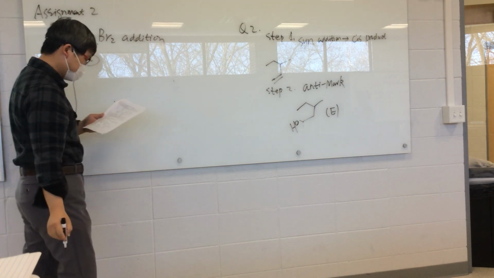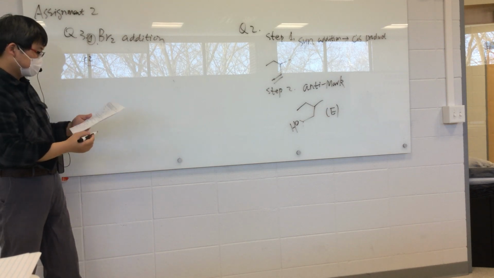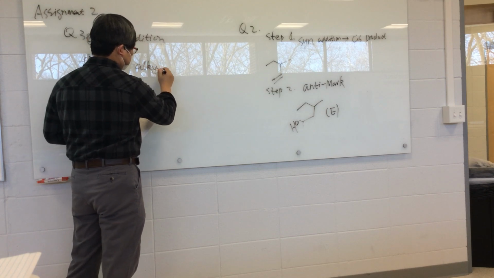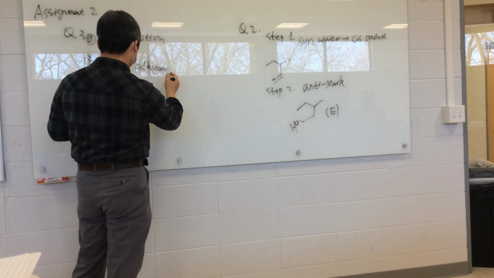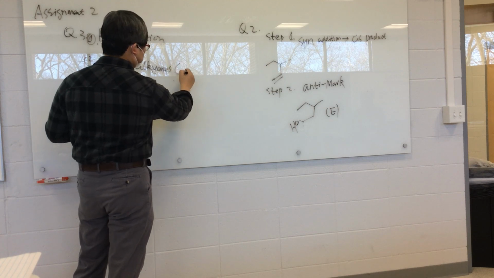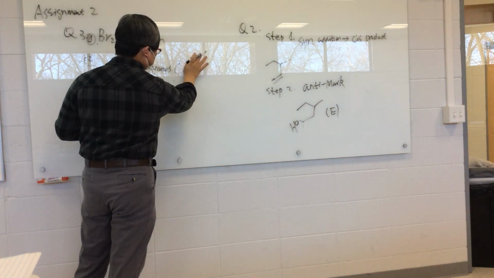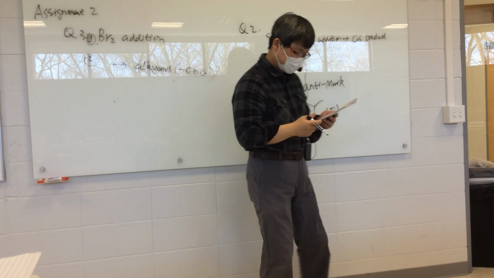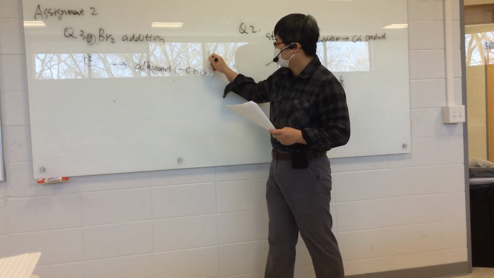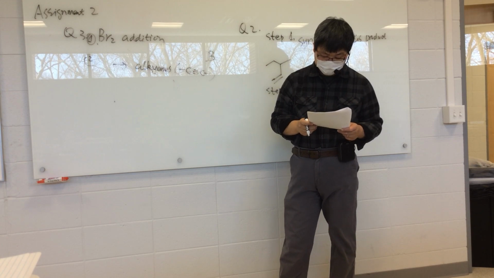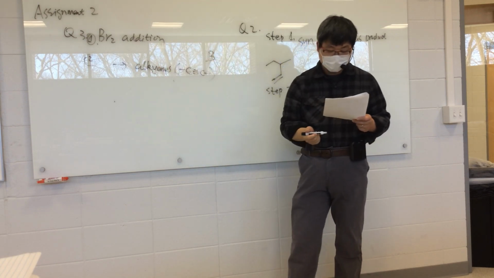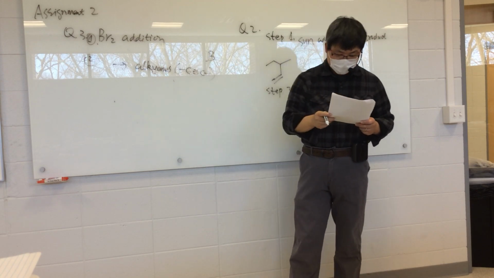And then steps 2 and 3 will convert the alkene to an alkyne, a compound with a carbon-carbon triple bond. So the answer is B. I think there's no E. I don't remember exactly. Could be no E anyway.